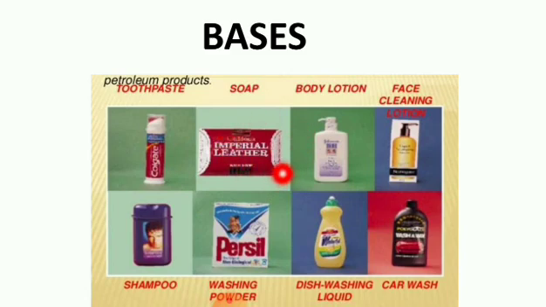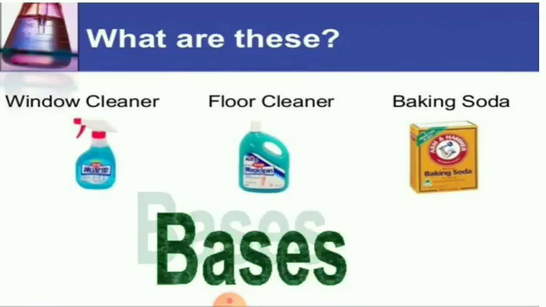Bases are chemical substances that are corrosive and bitter in taste. A lot of bleaches, soaps, detergents, toothpaste, etc. contain base. In contrast to acids, which release hydrogen ions in water, bases release hydroxide ions.